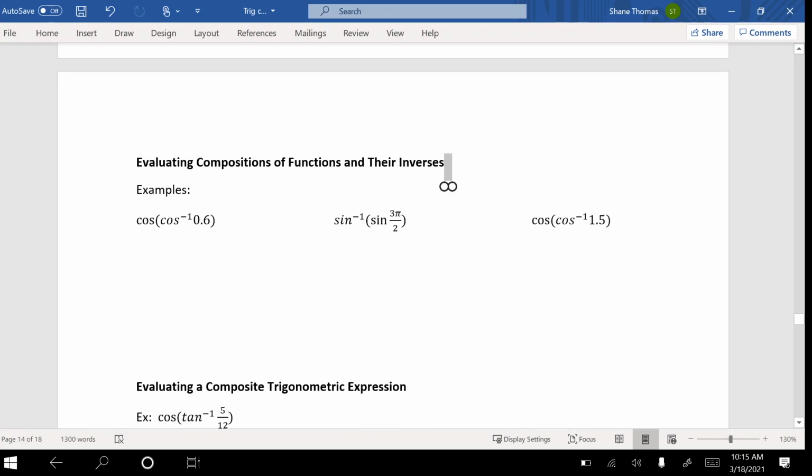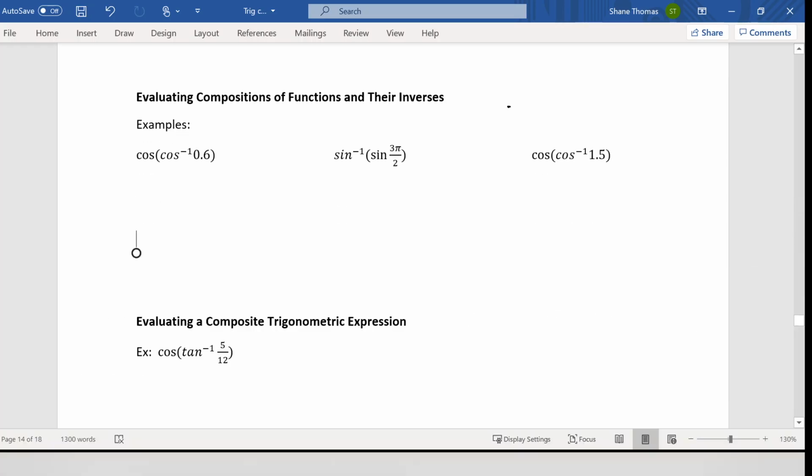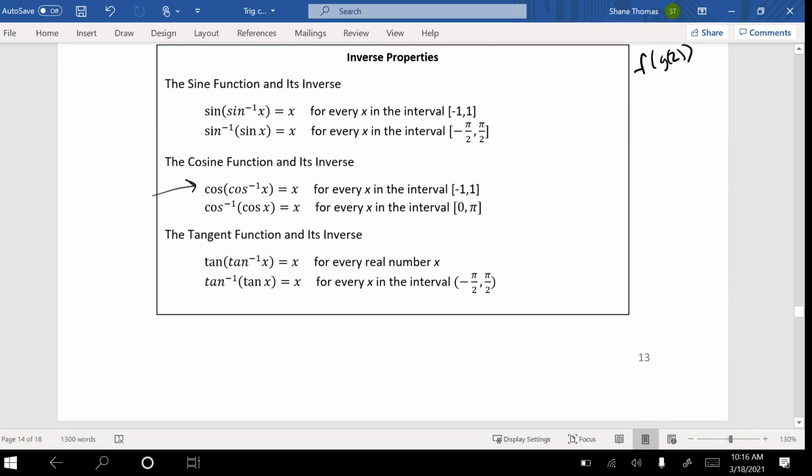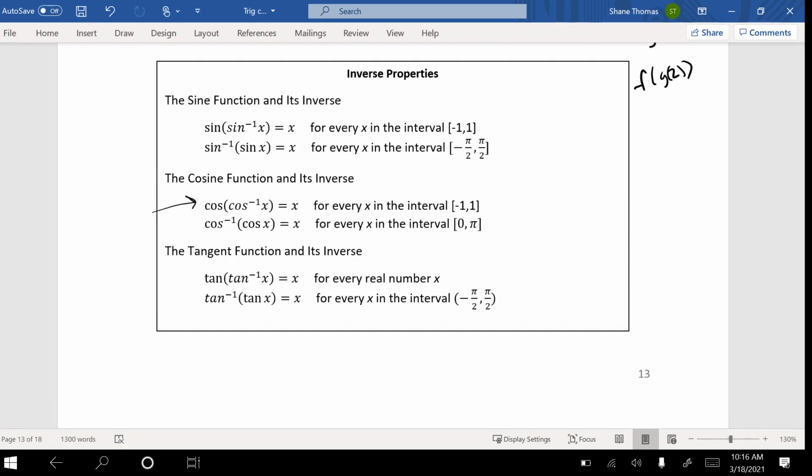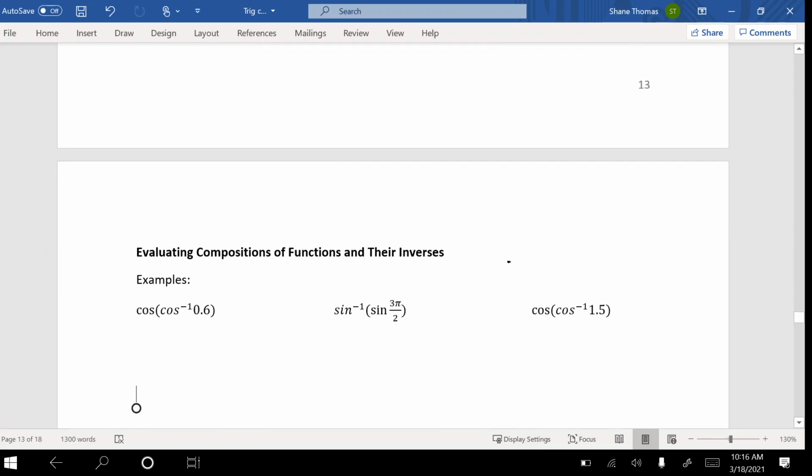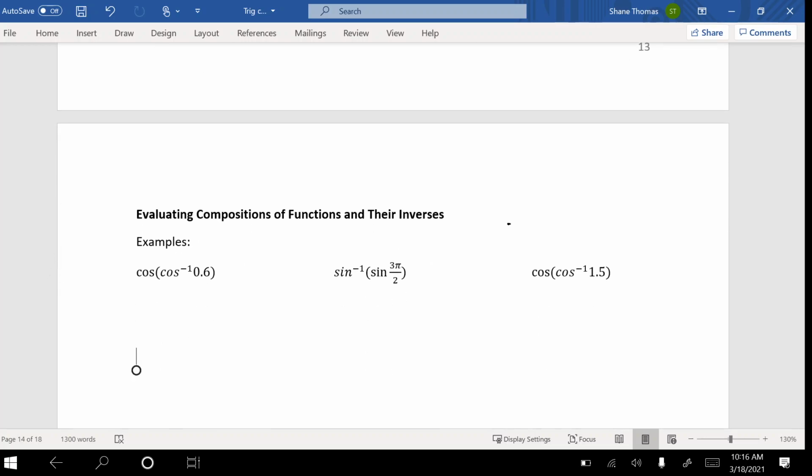Yes, it is. 0.6 is between negative 1 and 1, so I'm in good shape. Well, what does this say? If I have cosine of the inverse cosine of x, it's just x. So in this case, cosine of the inverse cosine of 0.6 would be 0.6. Done.